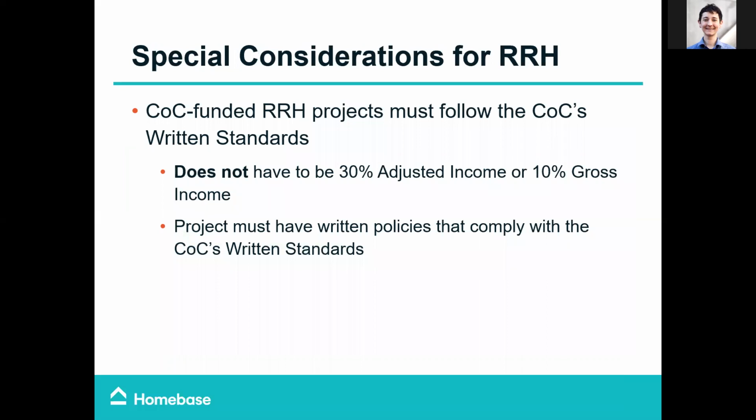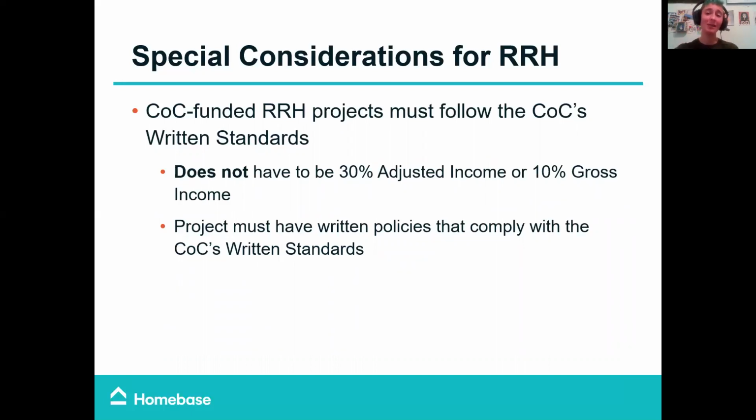So when I first talked about rental assistance, I mentioned that the general rule for rental assistance projects for PSH and transitional housing was 30% of adjusted or 10% of gross. That's because there's a very specific exception and a specific rule for rapid rehousing projects. HUD specifically says CoC funded rapid rehousing projects are not bound by this 30%, 10% rule.